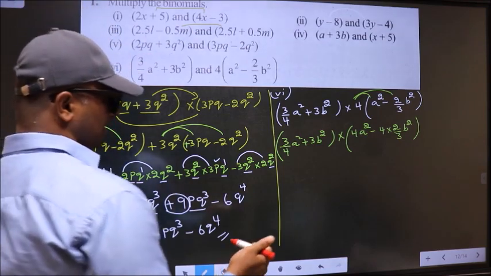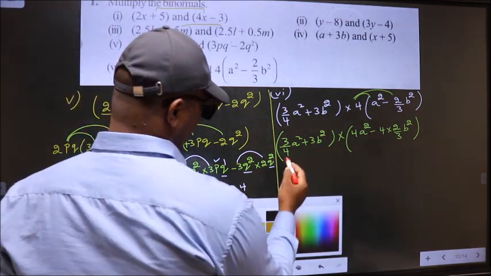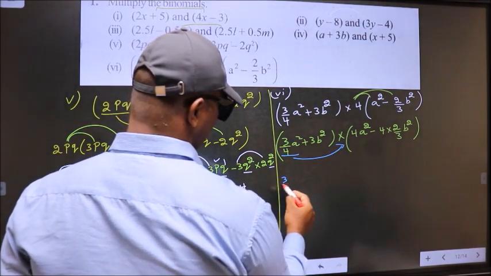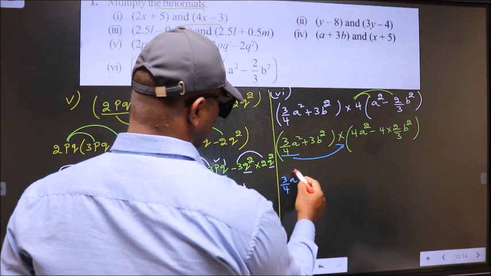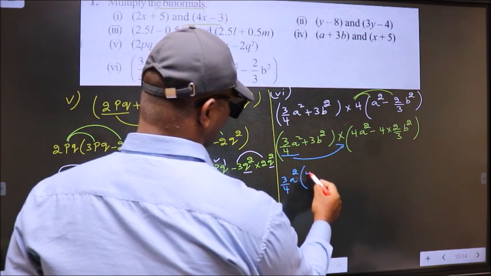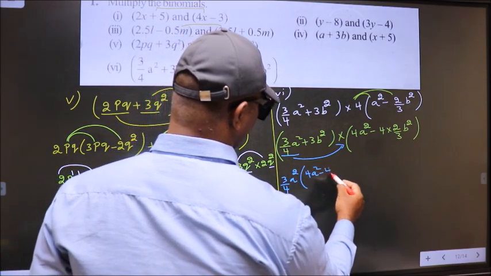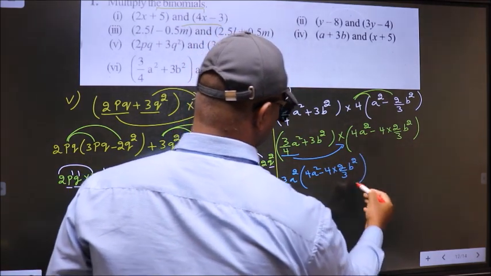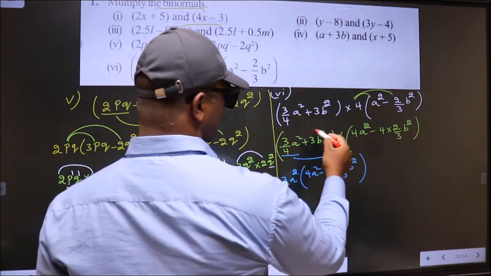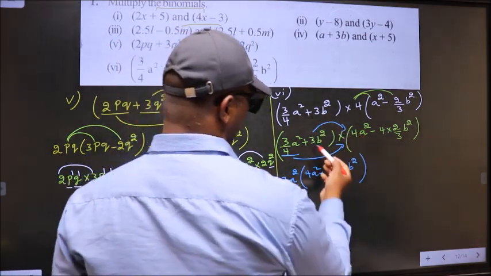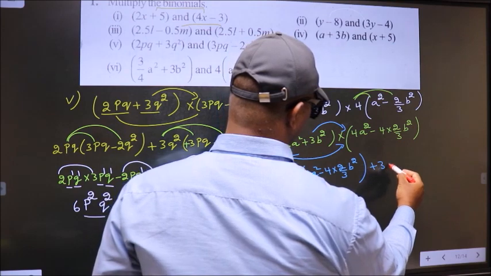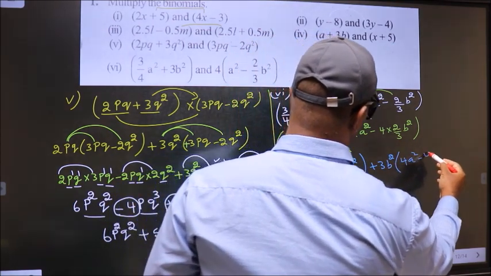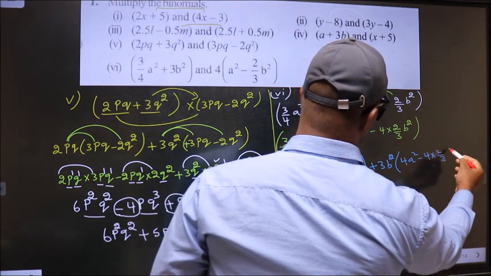Next, now with this we should multiply the entire bracket, that is 3 by 4 A square into 4A square minus 4 into 2 by 3 B square. Next, with this we should multiply the entire bracket, that is plus 3B square into 4A square minus 4 into 2 by 3 B square.